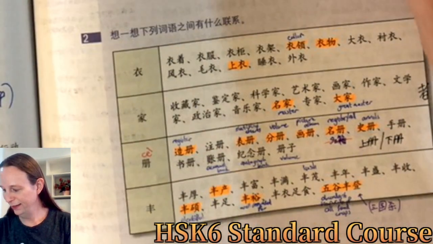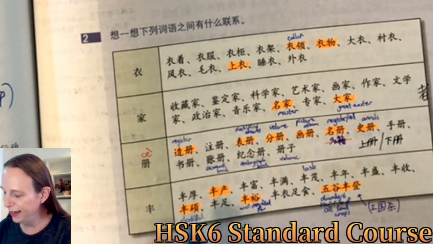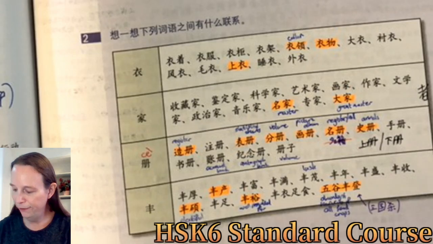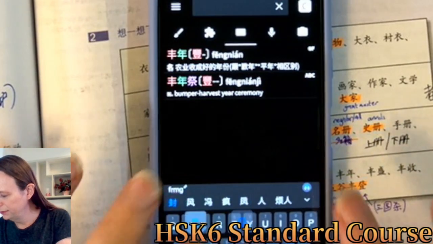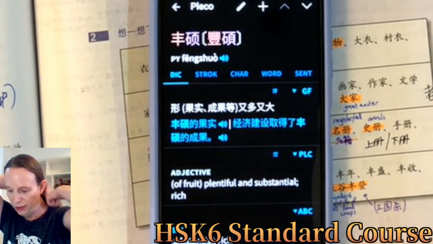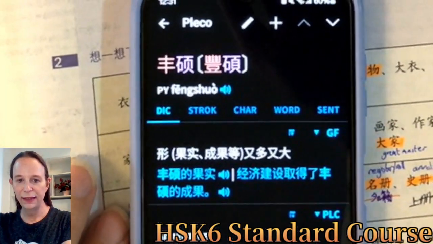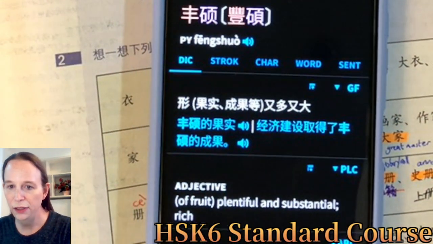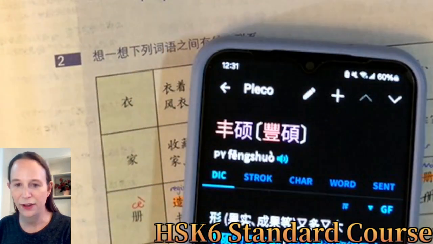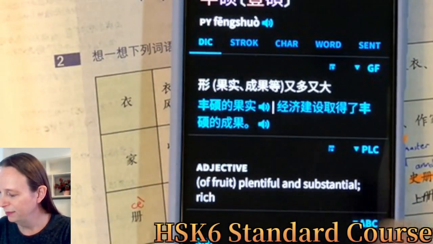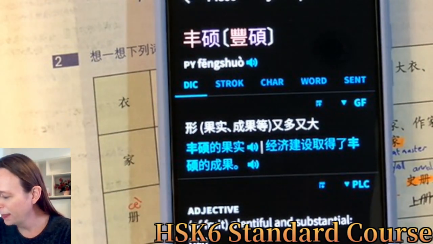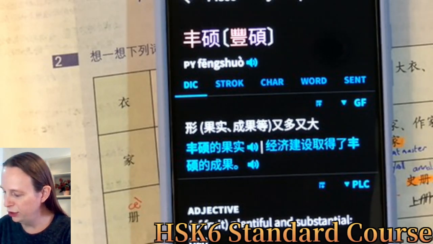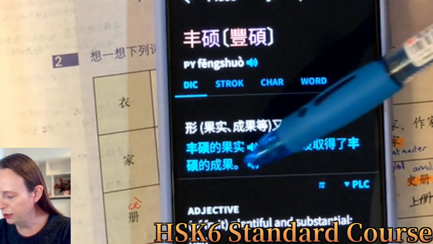All right, what's next? 丰收 is said 丰硕. 丰硕, what is 丰硕? 果实, 成果等, 又多又大. Okay, so plentiful and many. Plentiful and plump, abundant. 丰硕的果实, 经济建设取得了丰硕的成果.